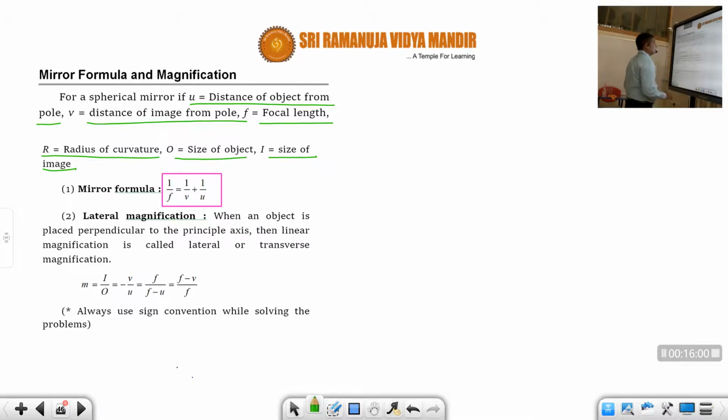The only thing you have to remember is that when you are substituting these quantities, you should substitute with sign convention. That's all, students. You should not forget to substitute the object distance, image distance and focal length with sign convention. Unknown quantity should never be substituted with sign convention.